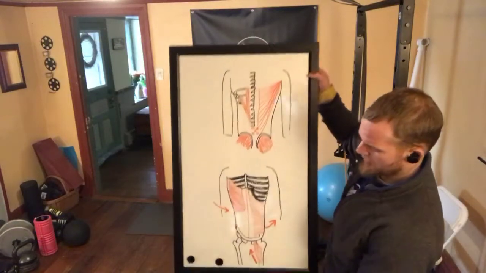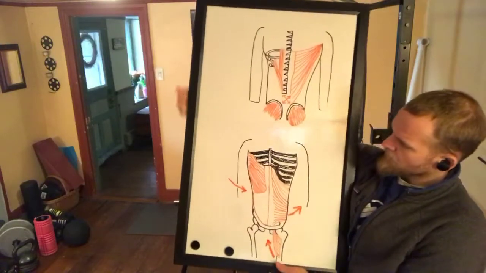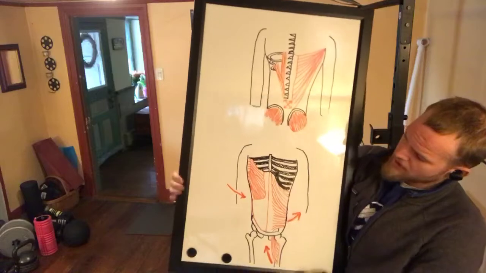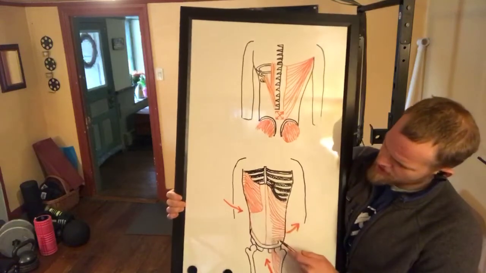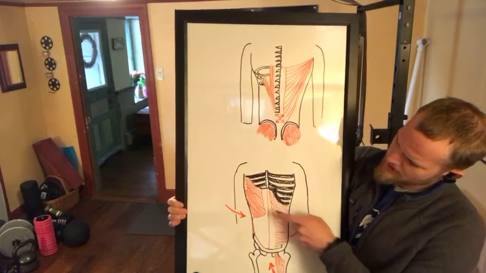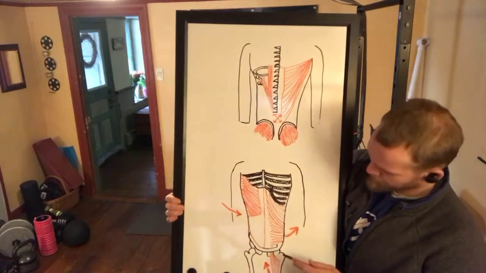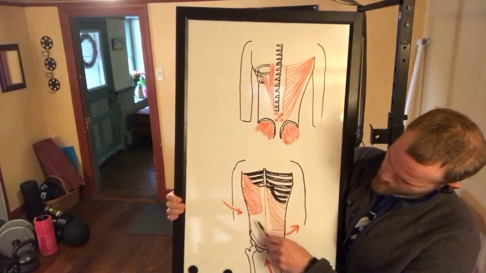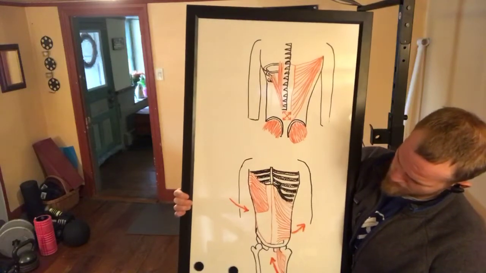I'm just going to lift this up to make sure everybody can see it. So with that, you can look at the way these lines are oriented, and you can see that this external oblique slopes this direction, internal oblique kind of slopes the same way, and then we have the adductor, which also kind of slopes the same way if you look at it in comparison to our external oblique.